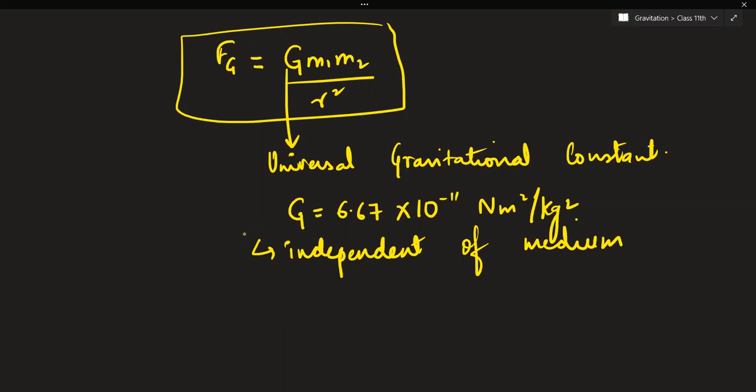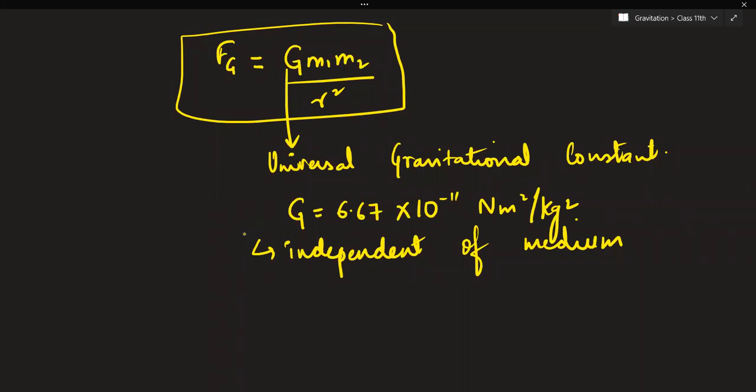For Earth, acceleration due to gravity is different. For Moon, it is different. For Jupiter, it is different. But the gravitational constant is universal, that is, it is independent of medium. On Moon also, you have this value only. On any other planet, Mars, Venus, Jupiter, as well as on Earth, you have this value.